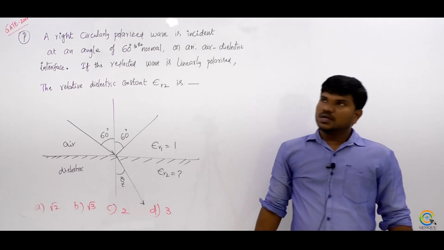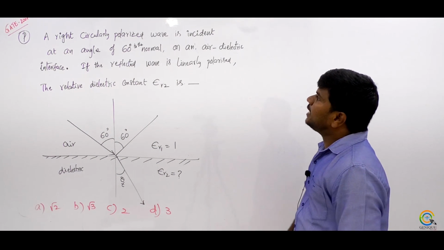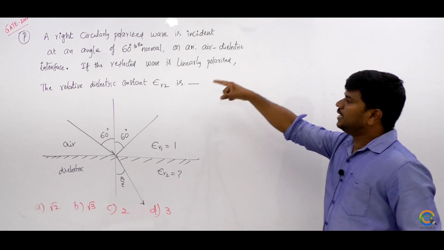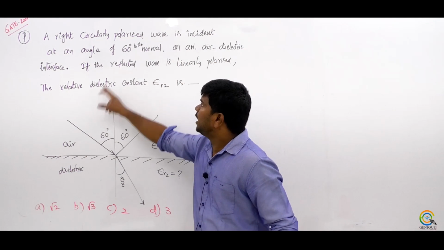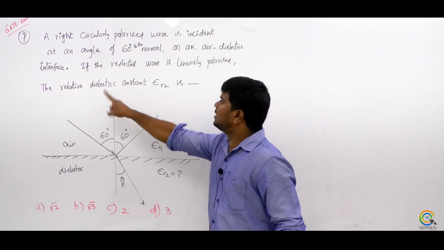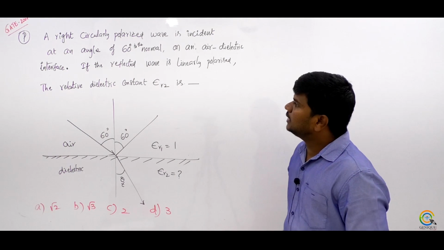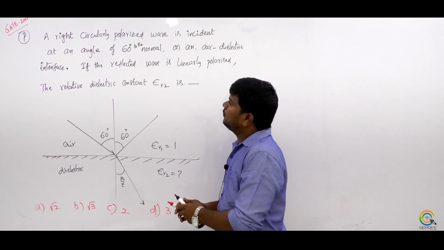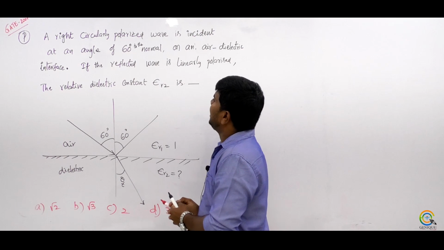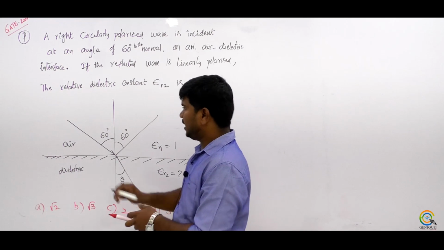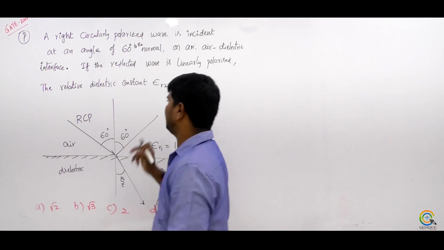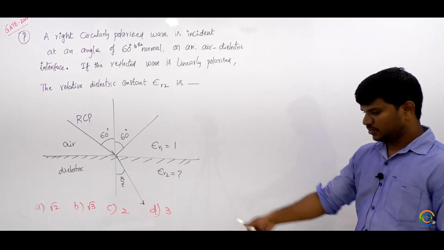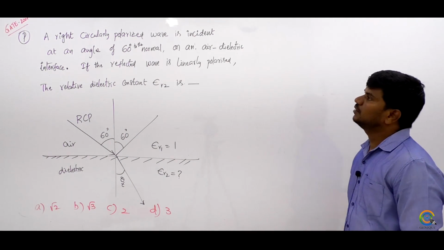Okay. So now a right circularly polarized wave is incident at an angle of 60 degrees on an air dielectric interface. If the reflected wave is linearly polarized, then the relative dielectric constant epsilon R2 is, it is given. Okay, this is the figure given. Options are also given.